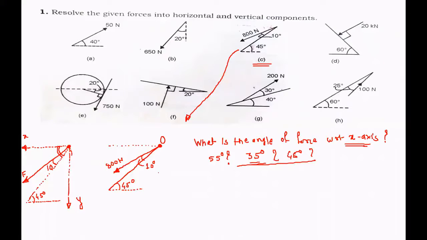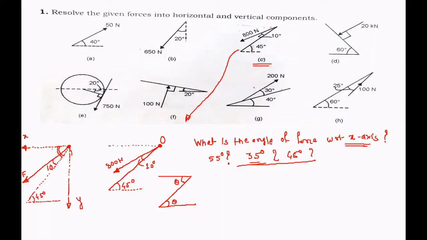So you can refer here. This is one horizontal line. This is another horizontal line. And this is the line joining these two parallel lines. Okay, so this angle and this angle will be the same. So as this is 45 degree, this total angle will be 45 degree.